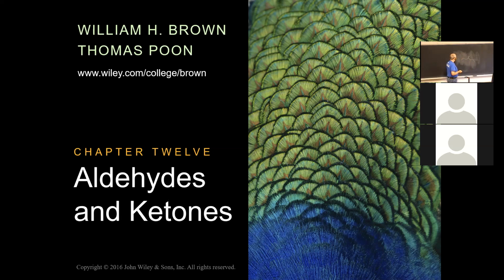Okay, in this case, we would have to number the ketone functional group location. So this is hept, here we have 7 carbons. And this would be hept-1-ene-4-one.